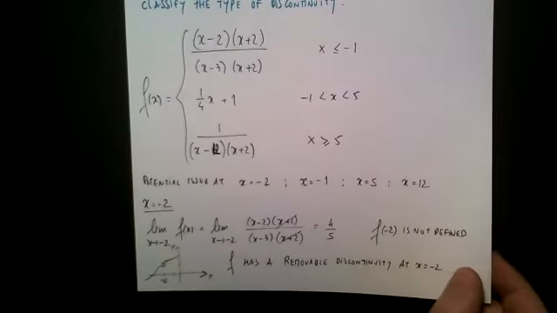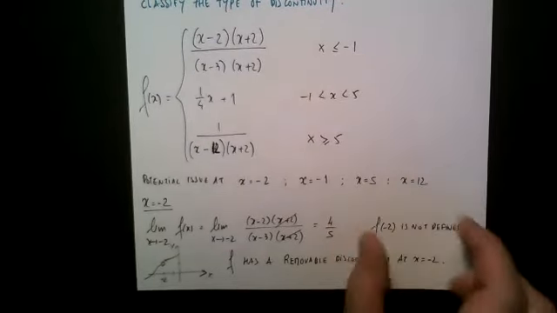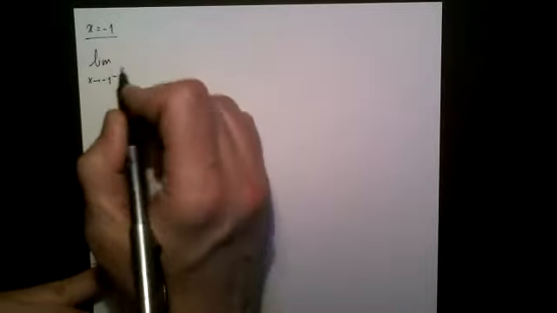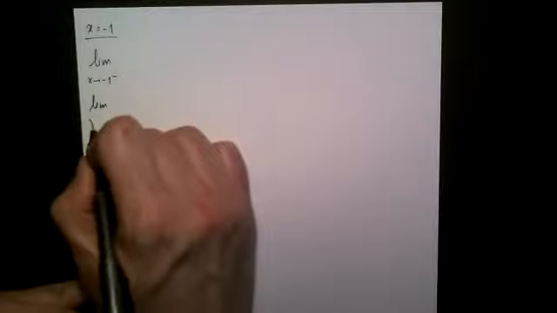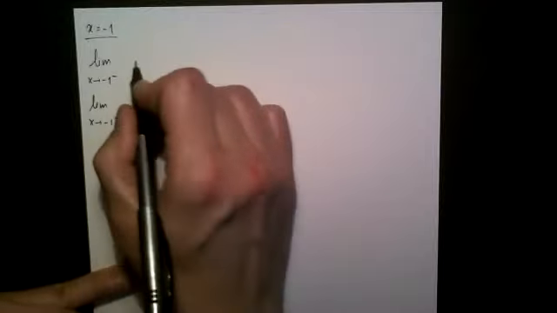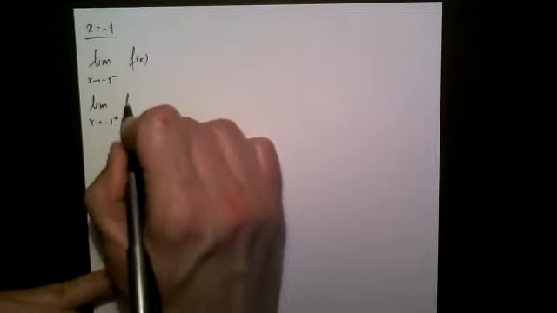Okay, let's keep going now and see at -1. Here it connects, so I have to do the limit as x approaches -1 from the left and the limit as x approaches -1 from the right of f of x.